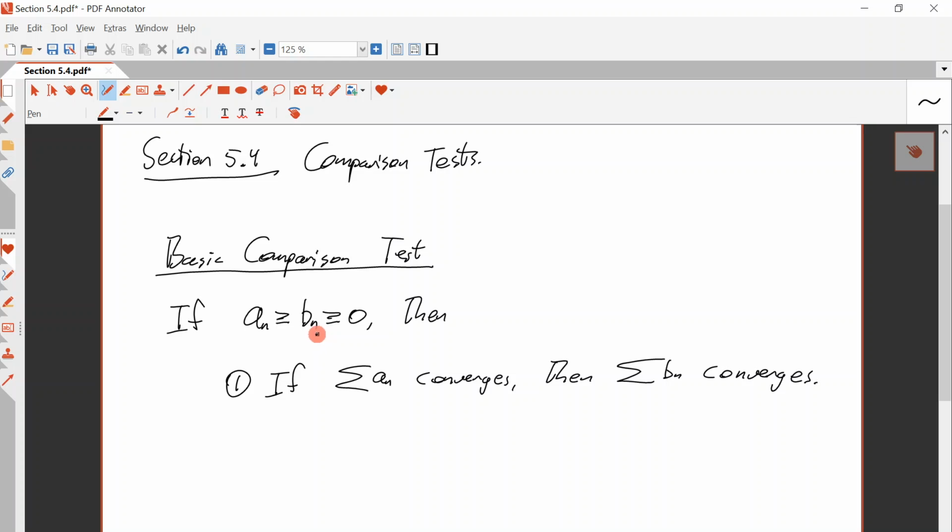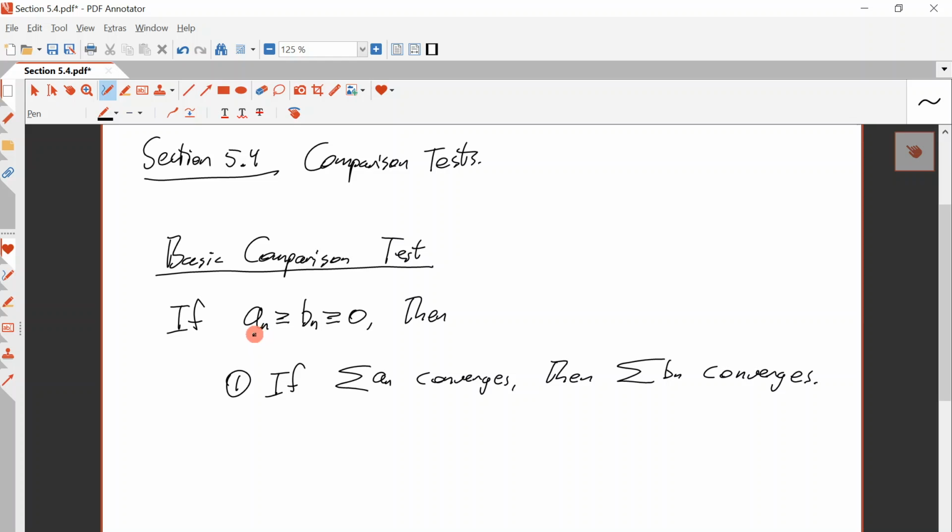Right? Because it's a non-negative series, the partial sums form an increasing sequence. And that increasing sequence is bounded by the limit of a_n, the sum of a_n.